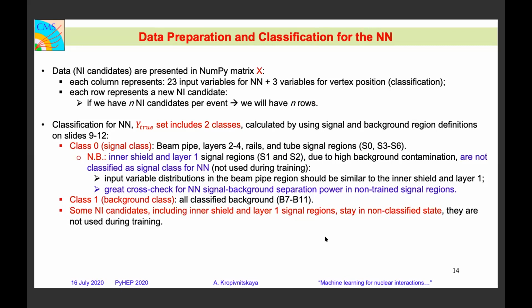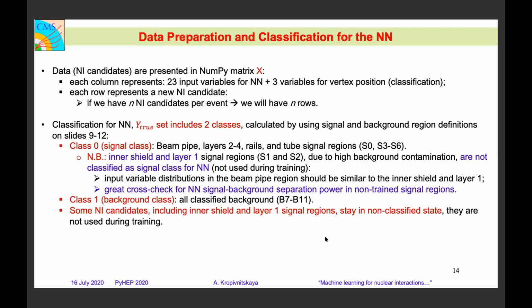Classification for the neural network, Y-true, includes 2 classes calculated by using signal and background regions, which we defined on the previous slides. So class 0, our signal class, includes beam pipe, layer 2, 3, 4, rails, and tube signal regions.